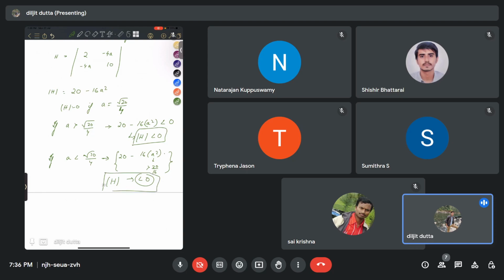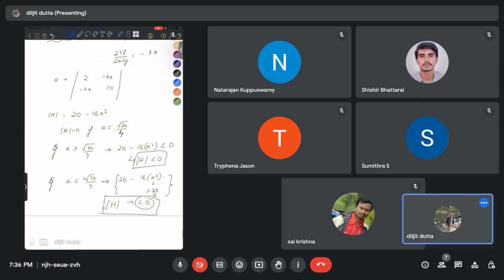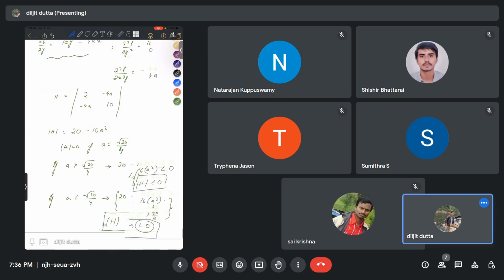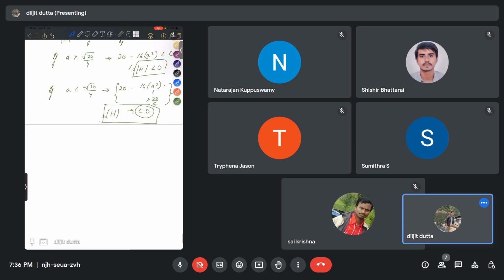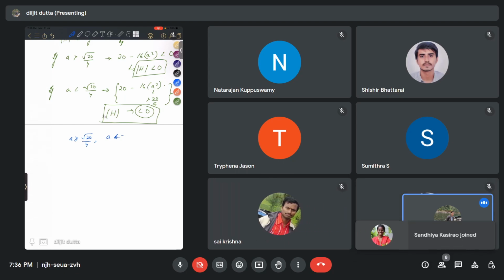So for the function to be concave, we'll have to get the value of a such that a should be greater than root 20 by 4, or a is less than or equal to minus root 20 by 4.